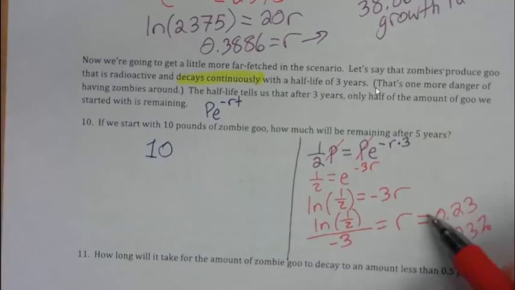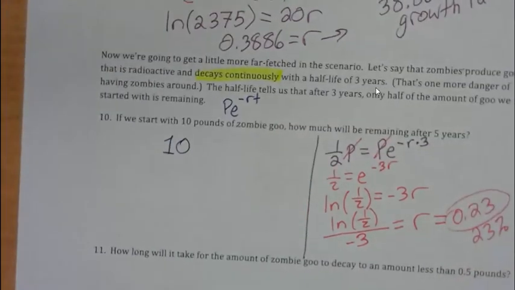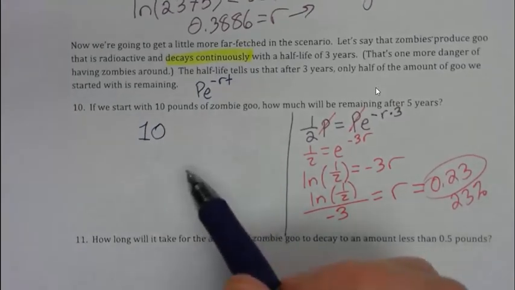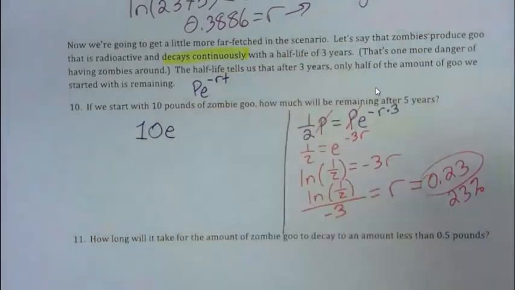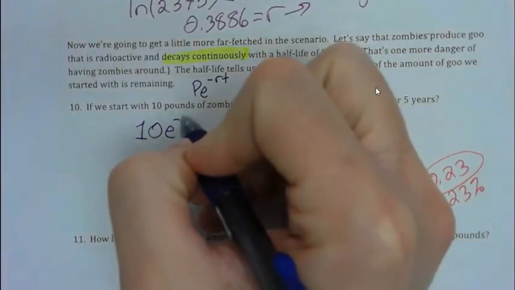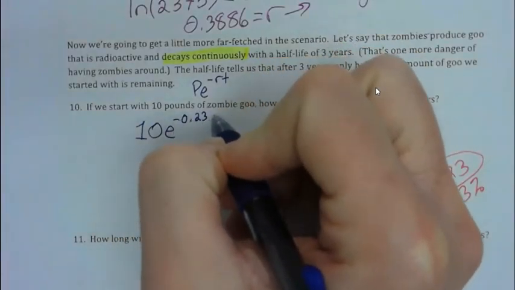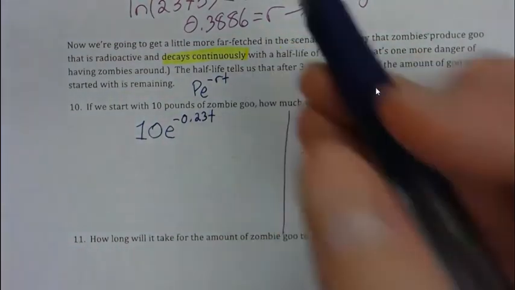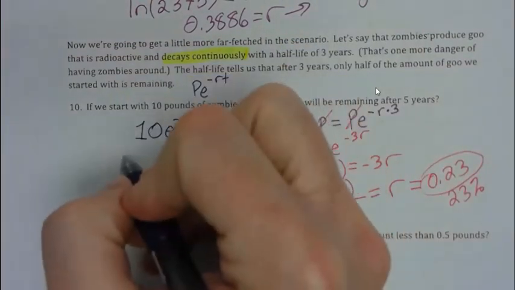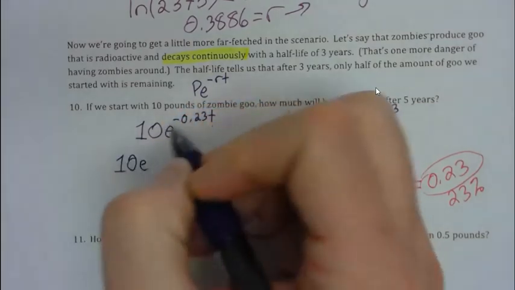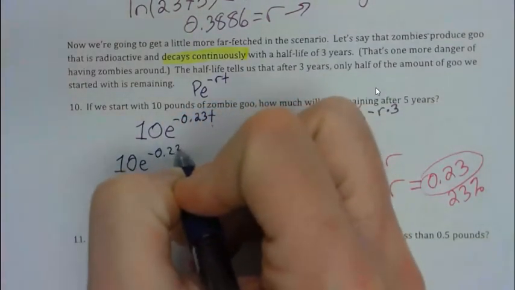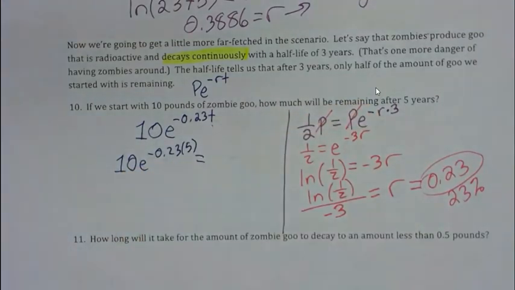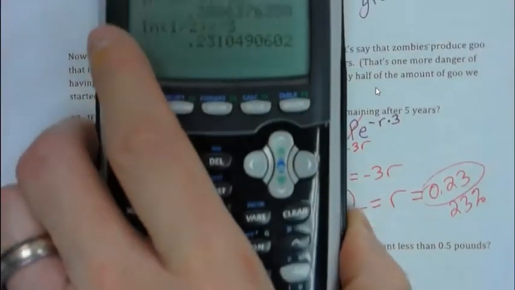But we're going to use this 0.23 number. So going back to our problem, if we start with 10, well, now we know that our rate is 0.23, so negative 0.23 t. And we're going to basically figure out when t is 5. So 10 times e to the negative 0.23 times 5 years. So we put that into our calculator here.